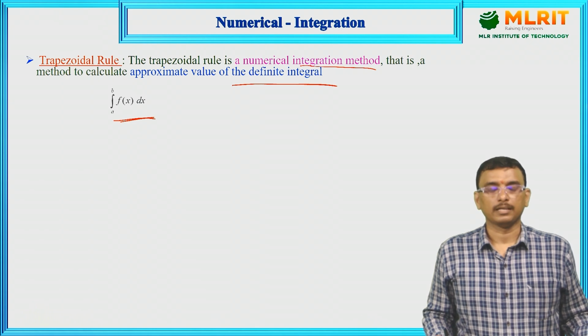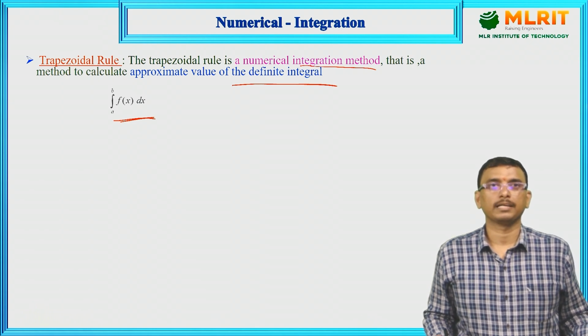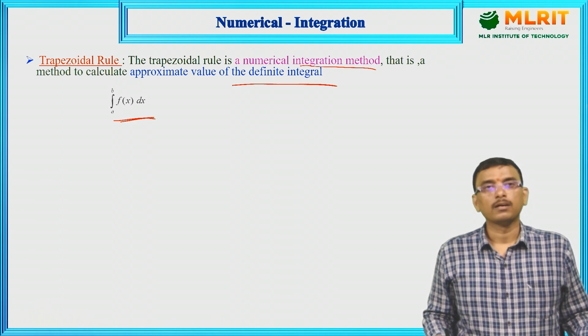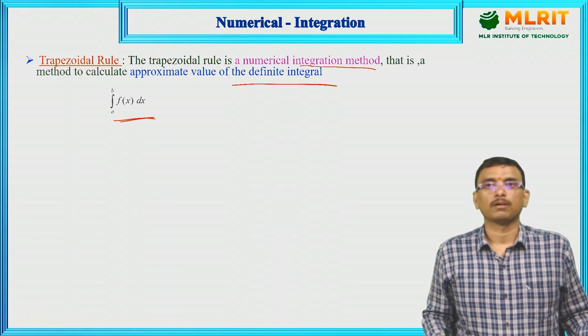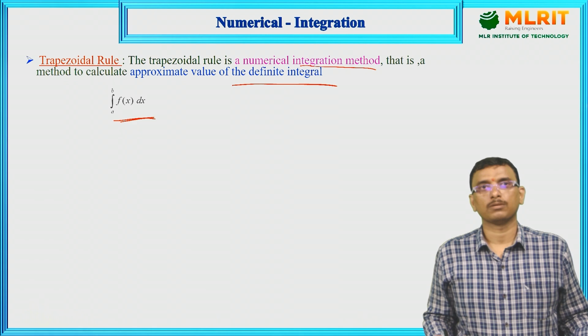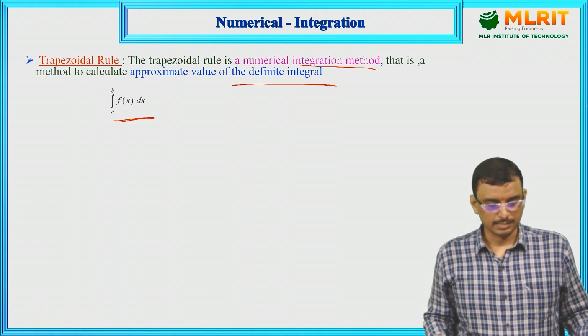By taking n is equal to 1 in Newton's Cotes quadrature formula, we get the trapezoidal rule. By taking n is equal to 2, we get Simpson's 1/3 rule, and taking n is equal to 3, we get Simpson's 3/8 rule. One by one we will see.